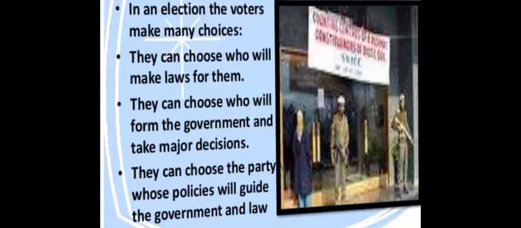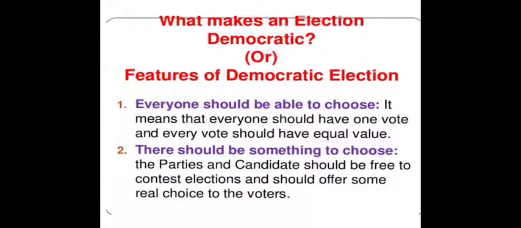Like the BJP government took strict decisions against Pakistan and China. Last point, they can choose the party whose policies will guide the government and law and make our country safe.